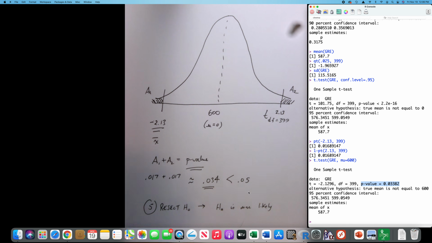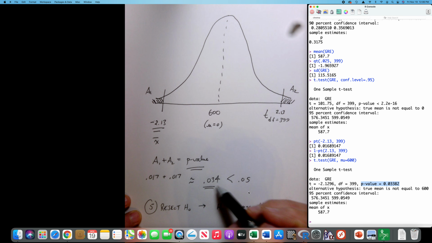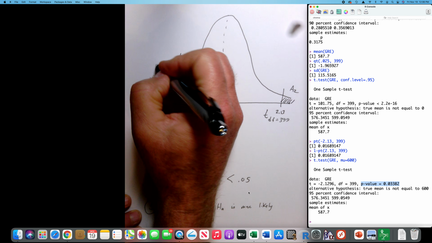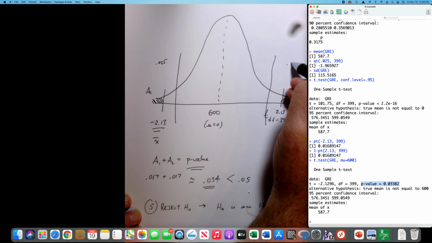Now, before we depart the video, why does this process work? Because if we had 0.025 as our line in the sand, right, 0.05 total, so we have 0.025 over here and 0.025 over here.